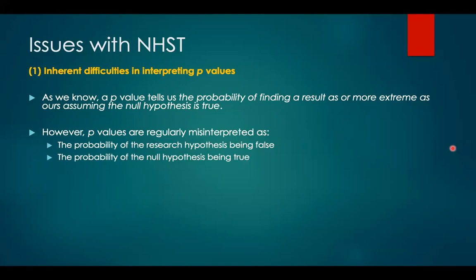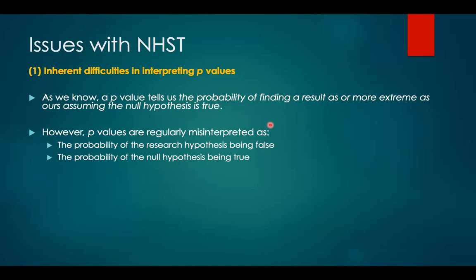But p-values are regularly misinterpreted as the probability of our research hypothesis being false, or the probability of the null hypothesis being true. And this is not the case. A p-value tells us just this, and this is pretty much the only way you can state it. The probability of finding a result as or more extreme than ours, assuming that the null hypothesis is true.